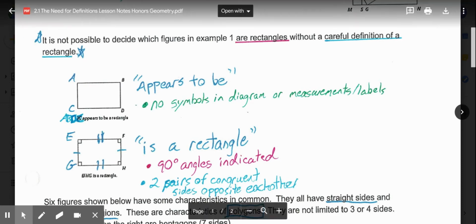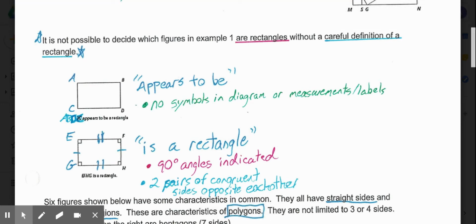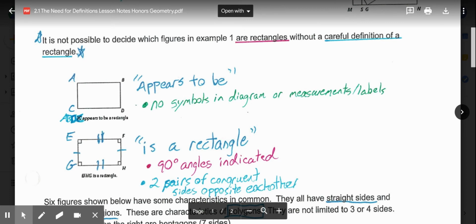So we would have to know that AB was congruent to CD, and that BD was congruent to AC, and that all 4 corners were 90 degrees for us to say for sure this figure is a rectangle.